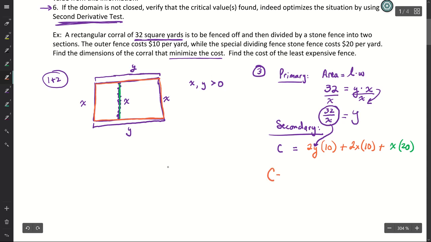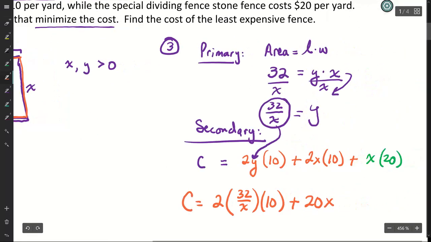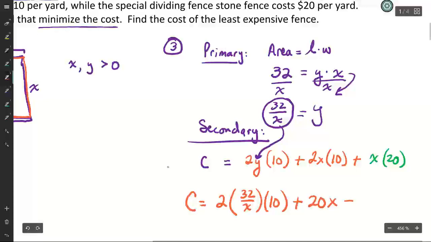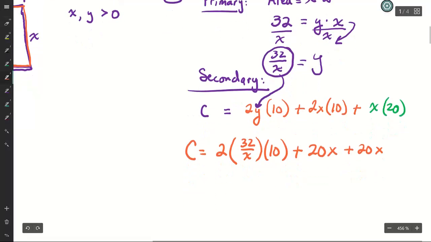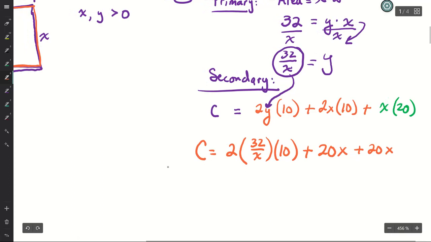So at this point, we're going to write C equals 2 times 32 over x times 10. Here, I'm going to multiply the 2 times the 10, so that'll be 20x. And then there, we had an x times a 20, so that's also 20x. All right, and then coming down below, let's multiply our constants in this first group.